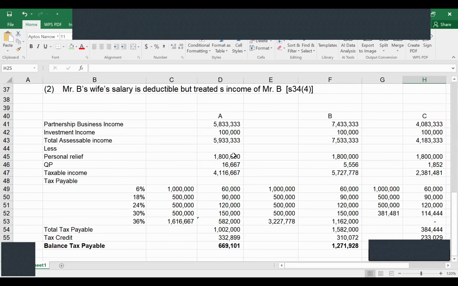How do we do it? We know partnership business income, we know partnership investment income, then we can calculate total assessable income. From that total assessable income, we can deduct personal relief, then qualifying payments. Then we will have taxable income.